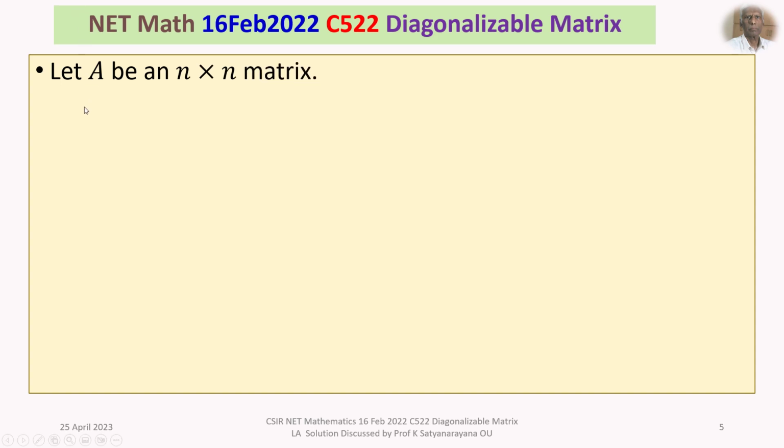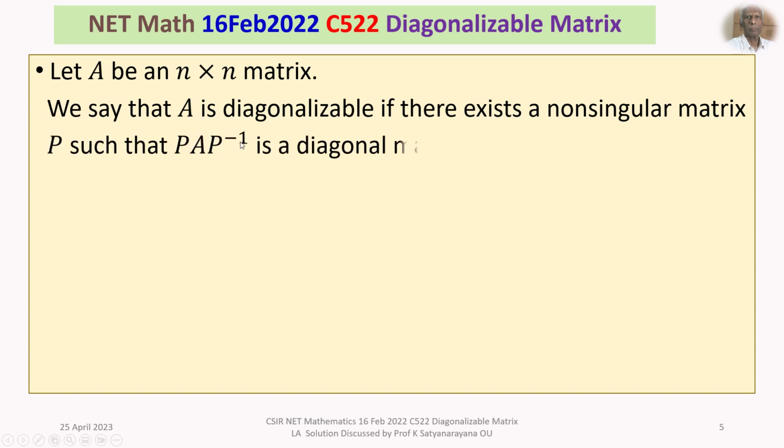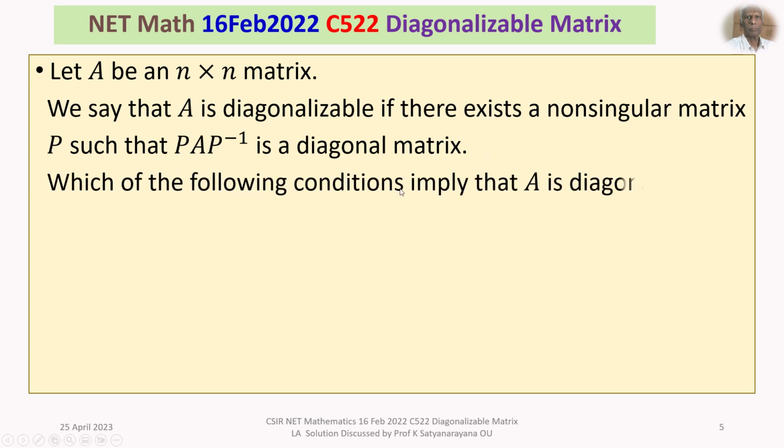The given question is, let A be an n by n matrix. We say that A is diagonalizable if there exists a non-singular matrix P such that PAP inverse is a diagonal matrix. Which of the following conditions imply that A is diagonalizable?